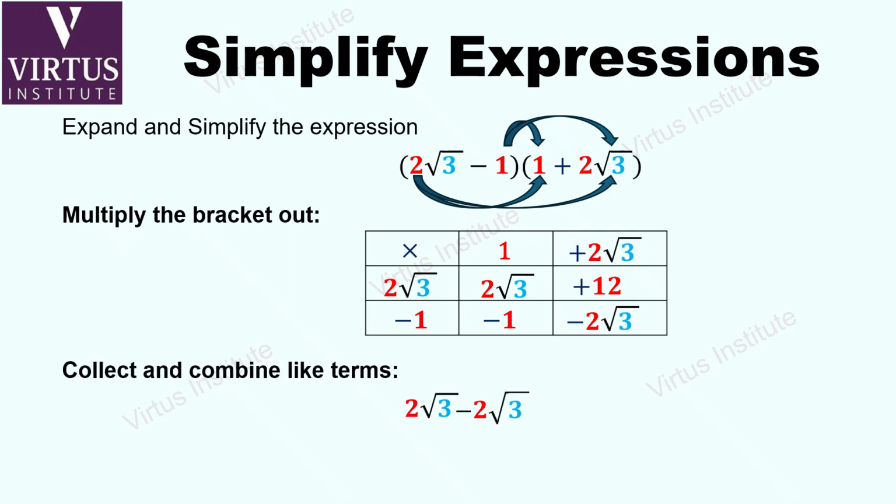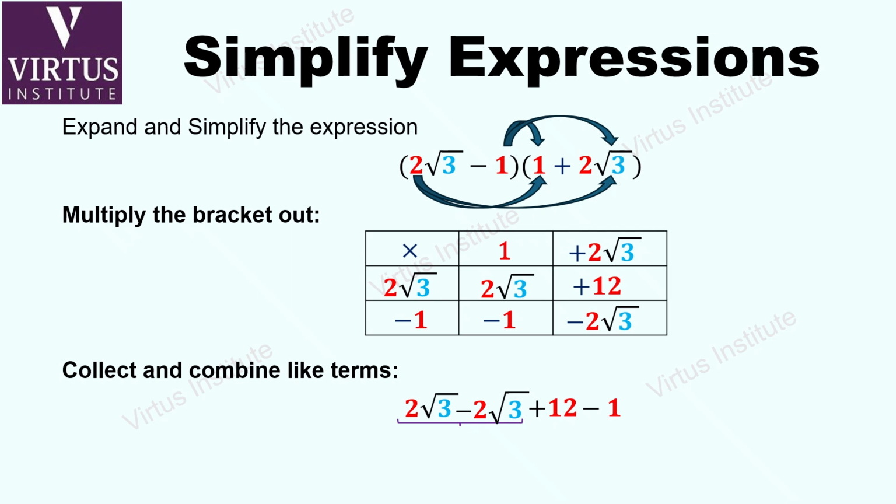Now, write all the terms together: 2 square root 3 minus 2 square root 3 plus 12 minus 1. Then combine the square root 3 terms. 2 square root 3 minus 2 square root 3 equals 0.